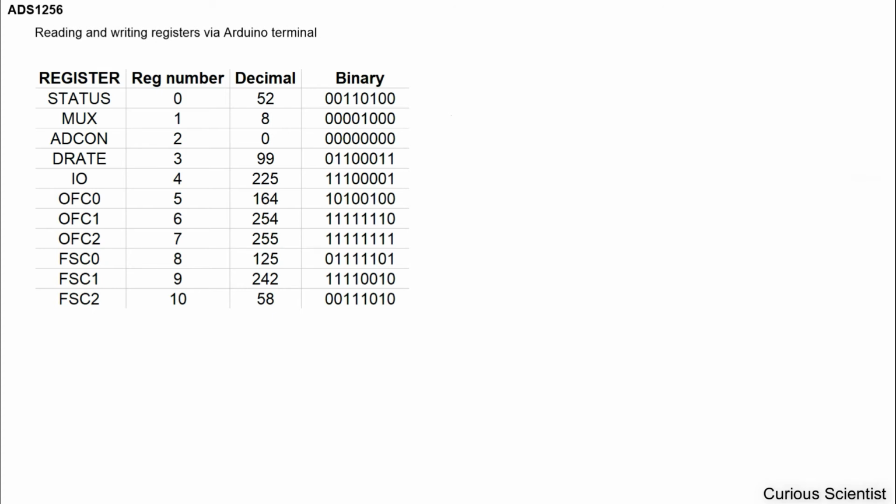you can see that you can read or write the registers, but in the Arduino terminal we are sending and receiving decimal numbers, because this is an ASCII terminal, so we have to deal with decimals. So let's say reading.